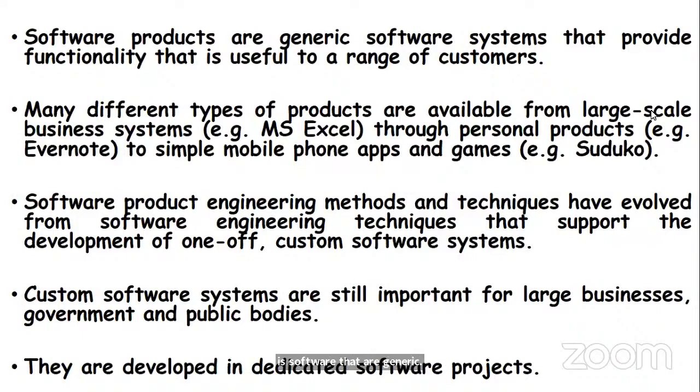And it provides functionality. We're going to look at what functionalities are and who a customer is. We're going to be looking at all those during this process. So many different types of products are available, from large-scale business systems through personal products, to simple mobile phone apps, etc.